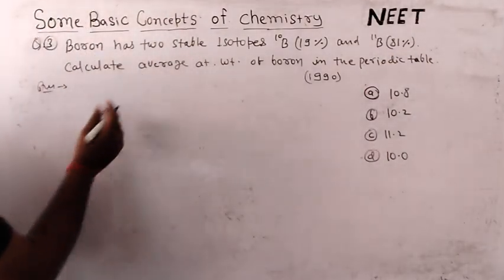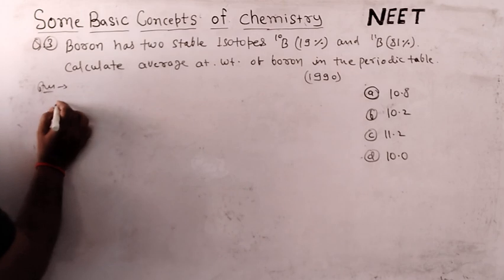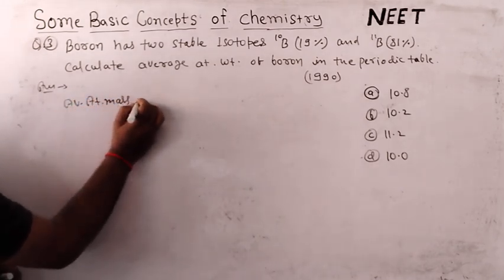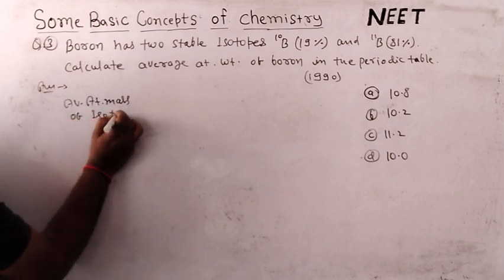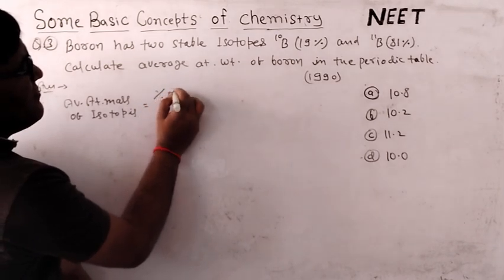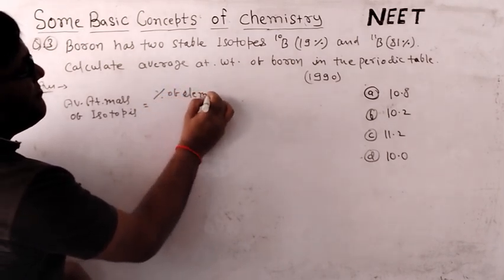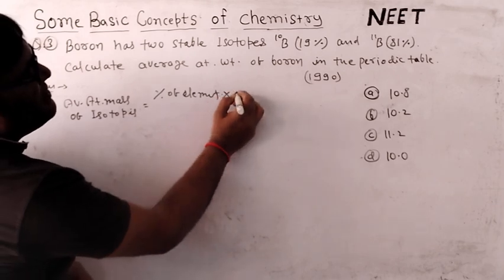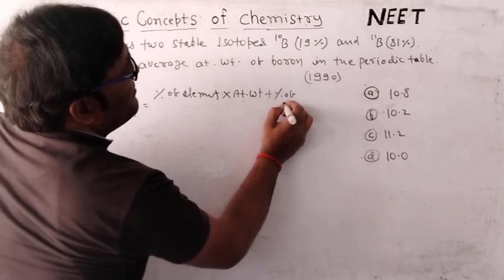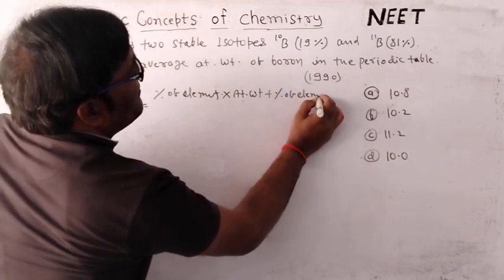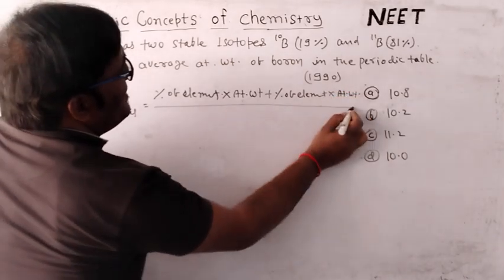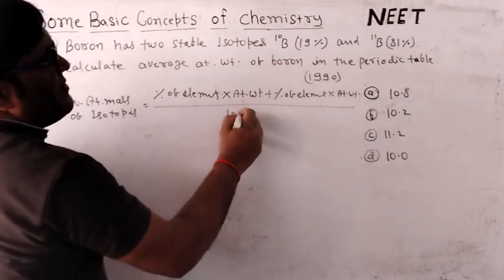Now, according to given data, the formula of average atomic mass. Average atomic mass of isotopes. Now, percentage of element multiplied by atomic weight plus percentage of element multiplied by atomic weight and divided by total percentage, means 100.